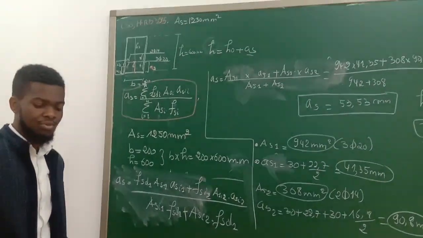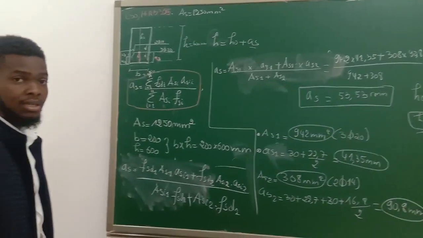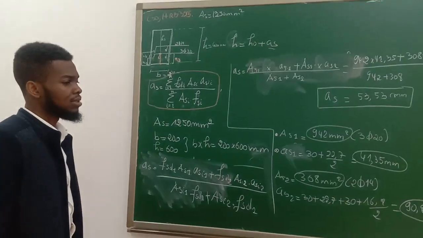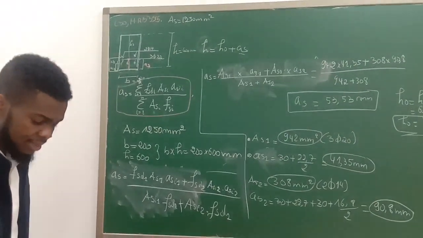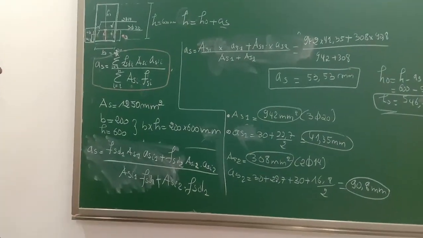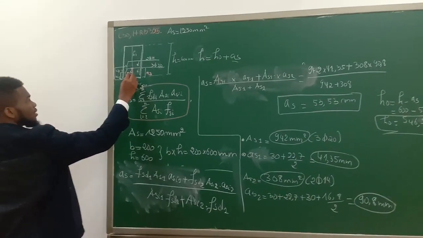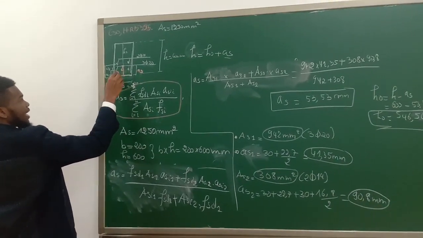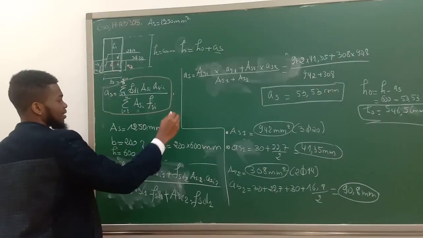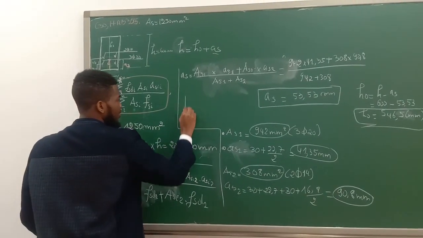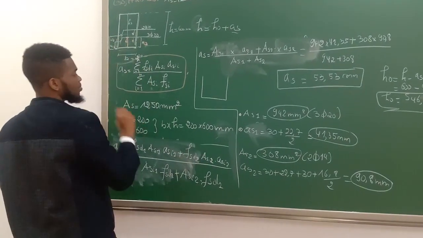So when we use the method we have learned in structural mechanics, there is something we have to calculate. In the problem, we have to find a_s1. a_s1 is the distance between, let me explain it here.